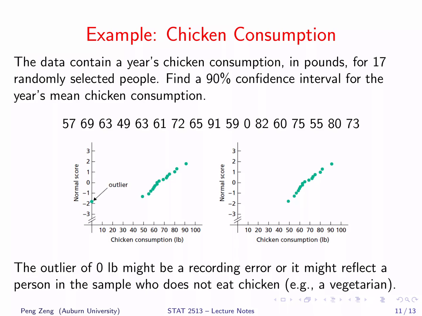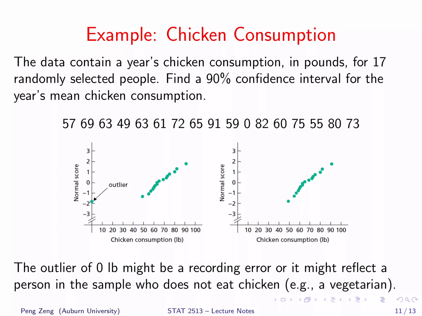The first normal probability plot is constructed using all data. Clearly, there is one outlier. The value is 0. The outlier may be a recording error. It is also possible that this person is a vegetarian and does not eat chicken. We may drop this outlier and claim that our population only contains people who eat chicken.